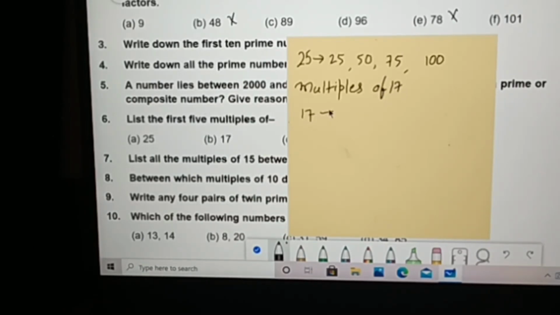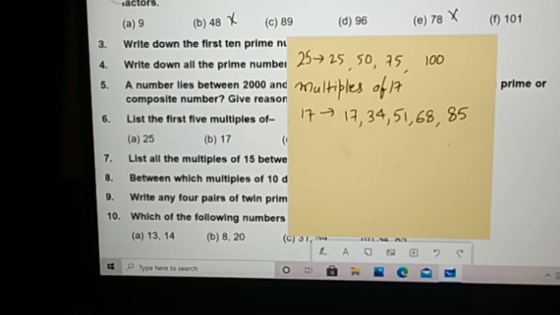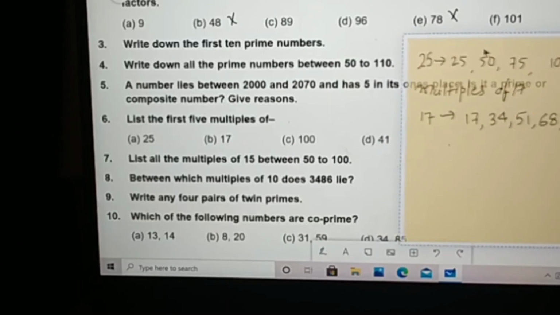You all remember the table of 17: 17 ones are 17, 2s are 34, 3s are 51, 4s are 68, and 5s are 85. This way you will write the multiples of 17. Then you have to write down multiples of 100 and 41.